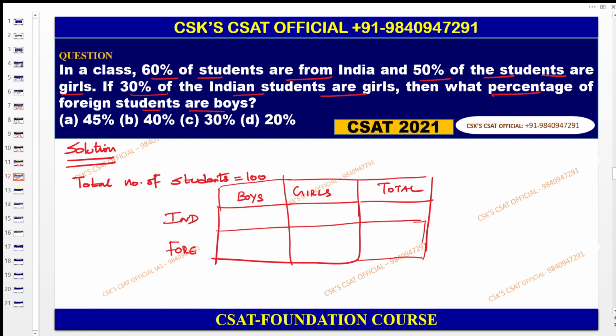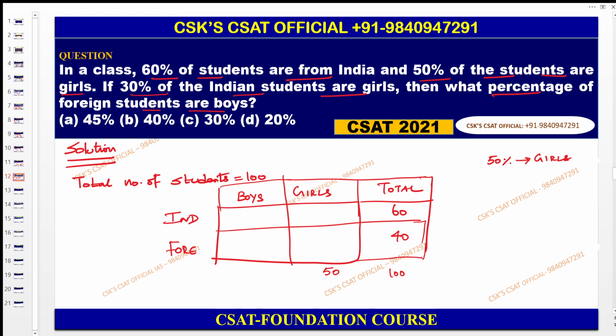60% of the students are from India. So out of 100, 60 is India. Then automatically here 40. The total here is 100. Okay, fine. Now remember, 50% of the students are girls here. So therefore 50 girls here.